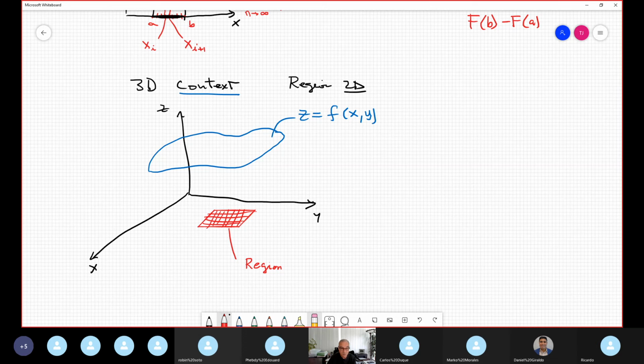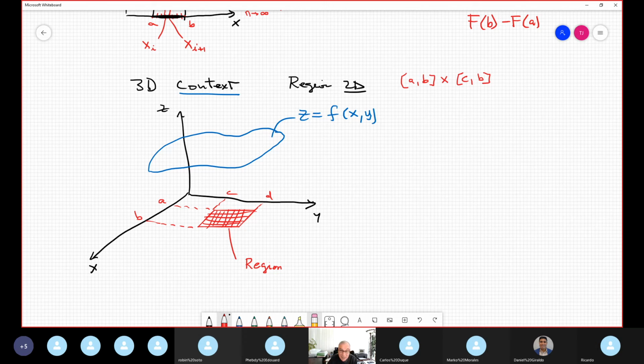And the region, suppose that this limit is A, B, and this limit is C, D in Y. So my region is A comma B in X cross, like a Cartesian product, no? C, D. So that means it's all the set in between A and B, and C and D. This is the region representation.